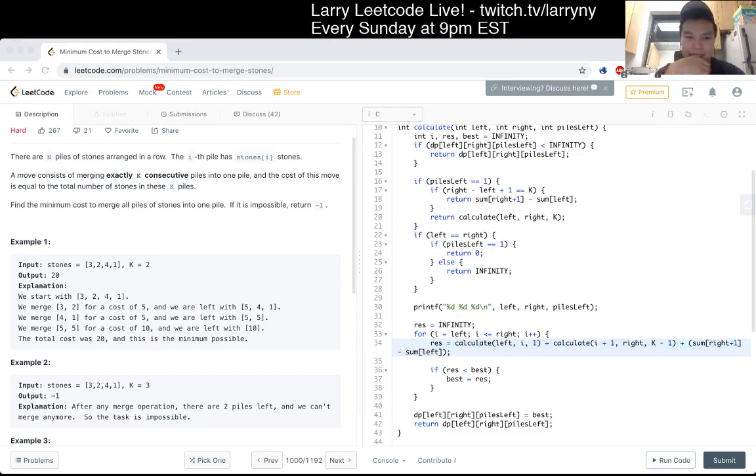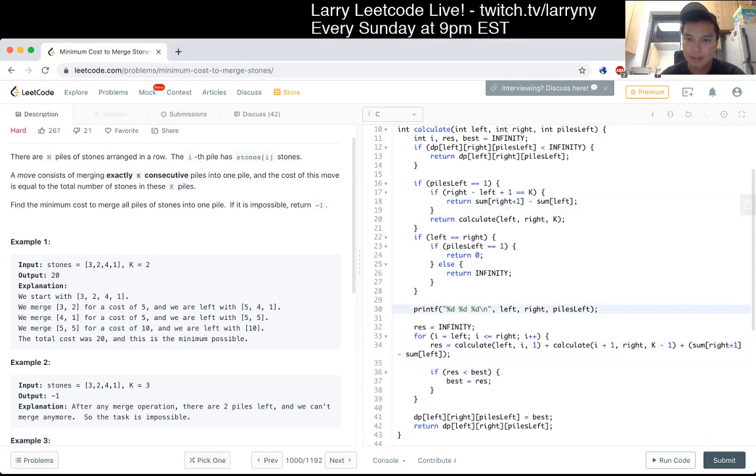Probably still missing a base case, but that looks okay. Why does that?